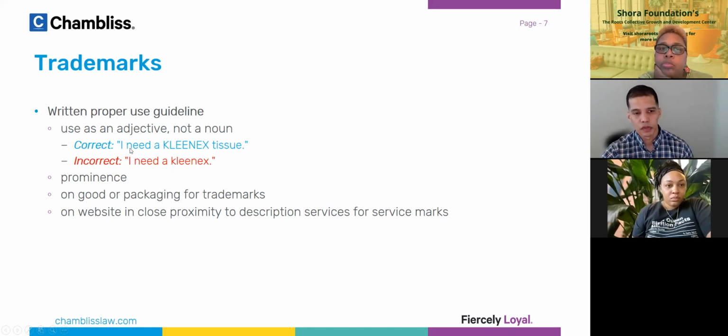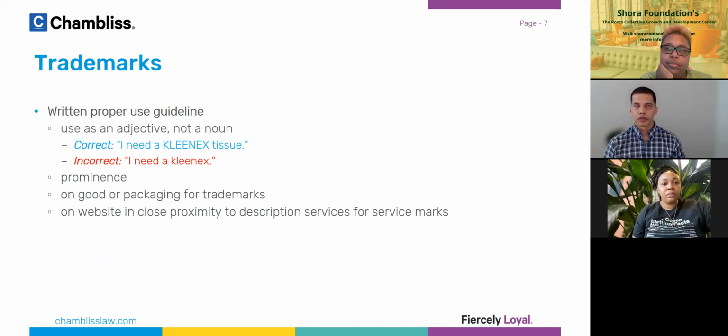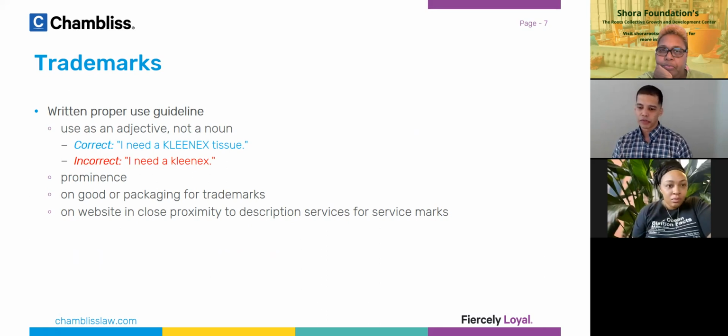So this is the correct way: I need a Kleenex tissue. Versus I need a Kleenex, where the danger is that you start to refer to the entire category of products, tissues, by the trademark.